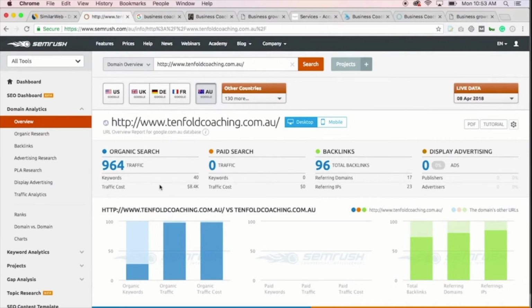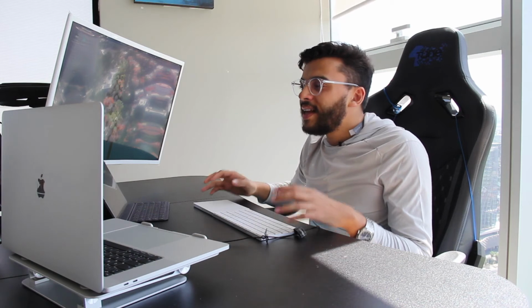and it shows that they rank for 964 keywords organically. It's saying that there are no paid search keywords, which is the Google AdWords that I was referring to. Now, at this stage, a really important thing to note is that none of these competitive tools are perfect. They all have gaps.